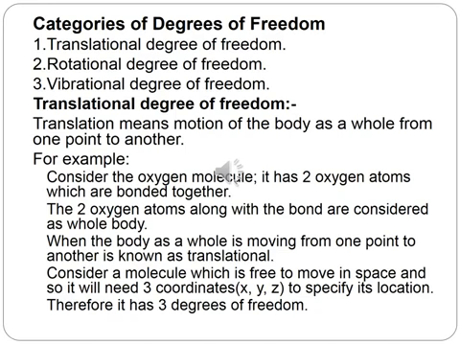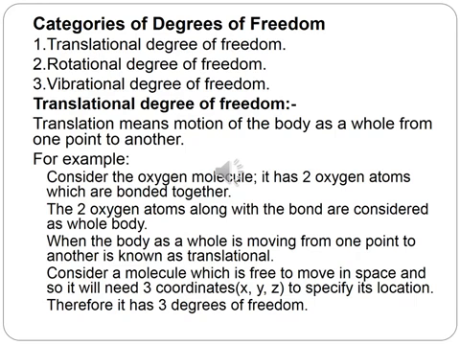For example, consider the oxygen molecule. It has two oxygen atoms which are bonded together. It is a diatomic molecule since it has two atoms. These two oxygen atoms along with this bond are considered as a whole body.